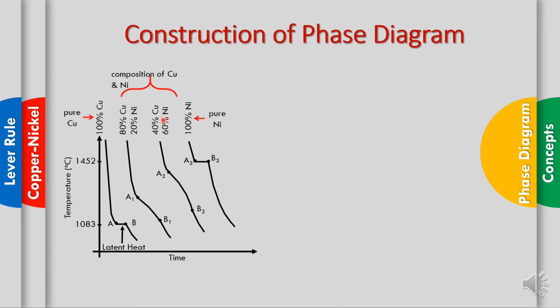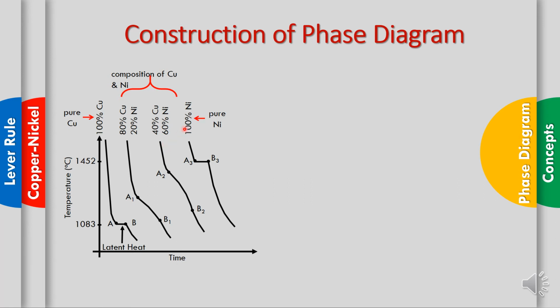We can see that once we increase the temperature, or heat the mixture of 100% copper, zero nickel, and let it cool, it will take some time to cool, and we can see this kind of graph produced. It also happens for the 80-20%, it will look something like this, and we will also project the different line graphs here.